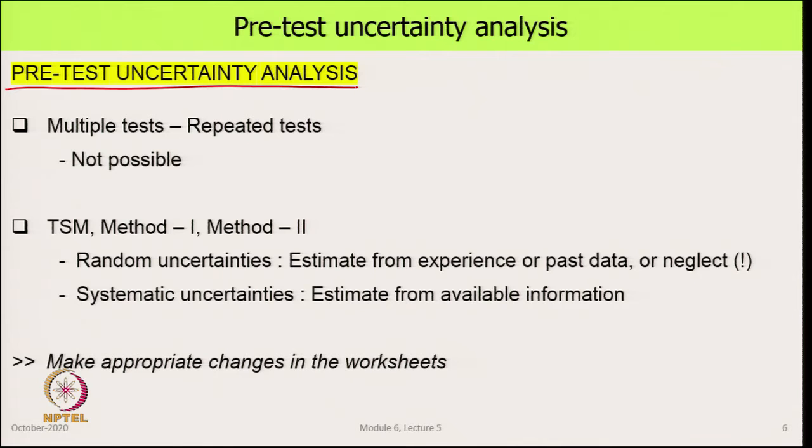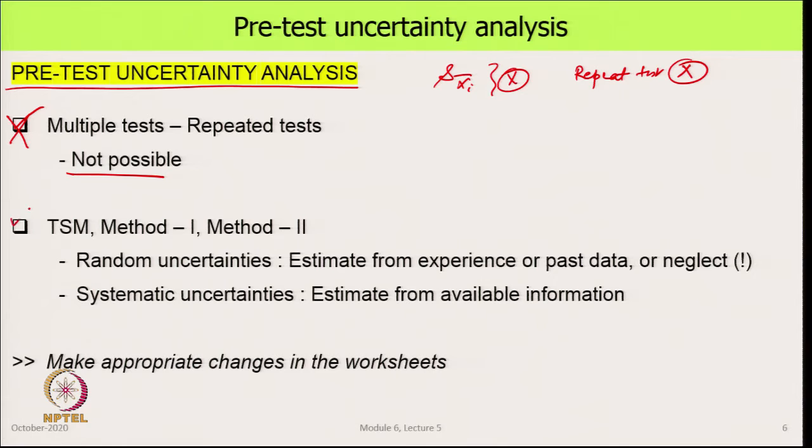And the reason is simply we have not done the experiments, xi are not known, we have no idea of repeating any test. So, that option is also gone. So, none of the three methods for uncertainty analysis strictly in the whole sense are applicable in this case. So, that is what we have put here, multiple tests just not possible, forget about it.